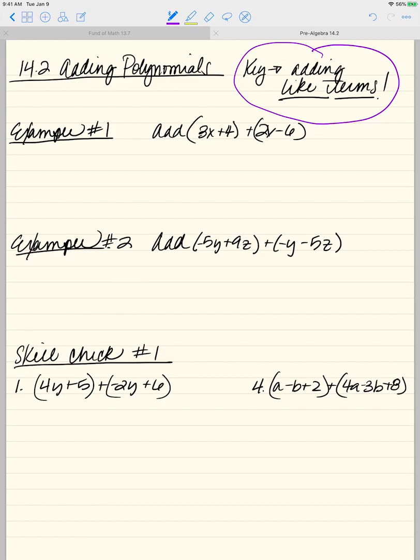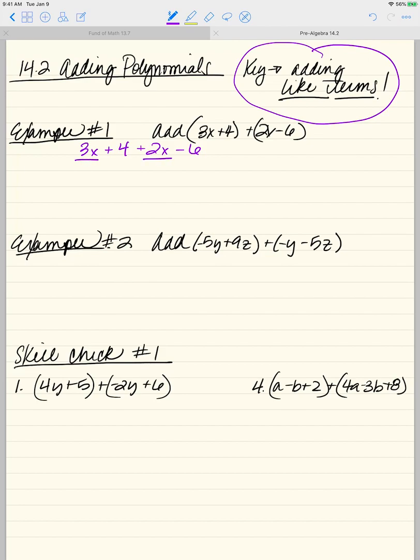So example number 1, add 3x plus 4 plus 2x minus 6. Now really, the parentheses do not matter because addition is both commutative and associative, which means we can move things around. So really, we can just drop the parentheses here, and we can say 3x plus 4 plus 2x minus 6. Identify your like terms.